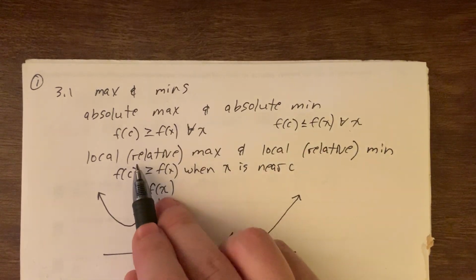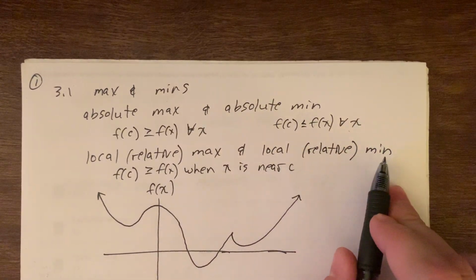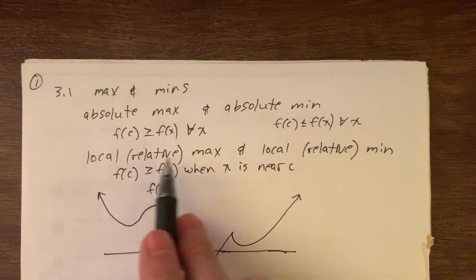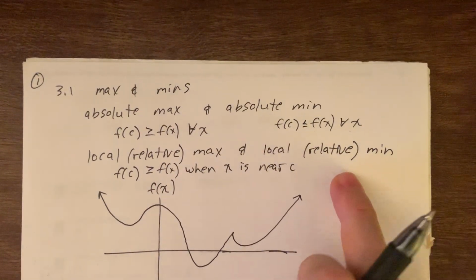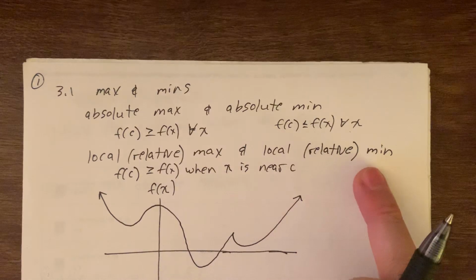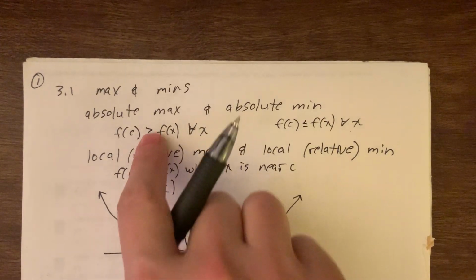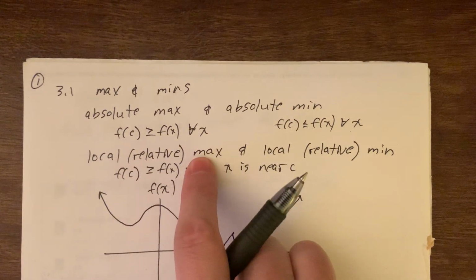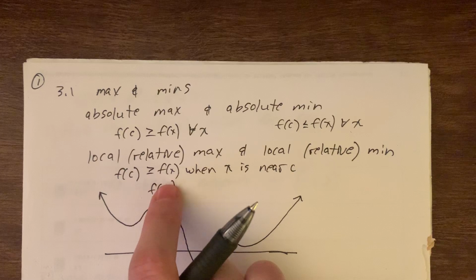But next we also have this idea of a local maximum and a local minimum. Other textbooks call them relative max and mins, so I wanted to make sure we're aware of that, but our book normally just focuses on the idea of local max and mins. And quickly, if you just look very quickly, the idea of a local max looks like it has the same idea as an absolute max, this idea of a biggest y.